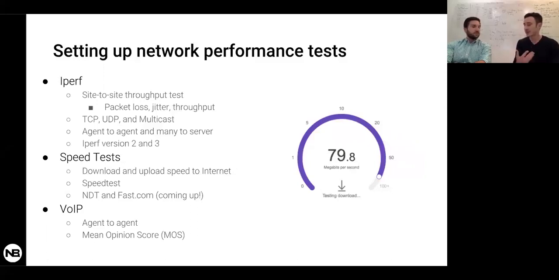And the resulting KPI is called mean opinion score, which is a 1 to 5 KPI of call quality. And we offer that test. You can run it agent to agent. Whatever agent you have, wired, Wi-Fi, virtual, it is really good to make sure that your network can offer good VoIP call quality.